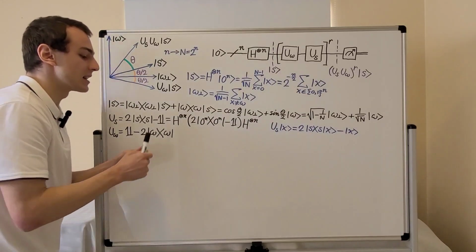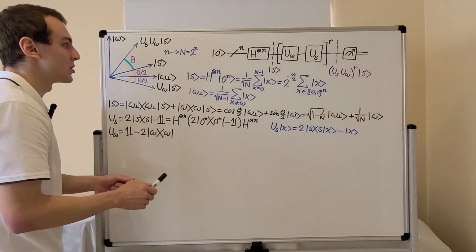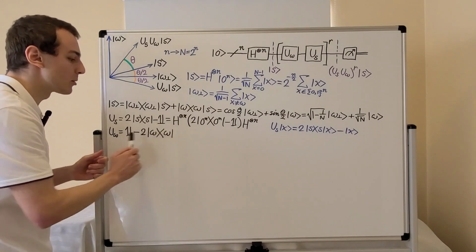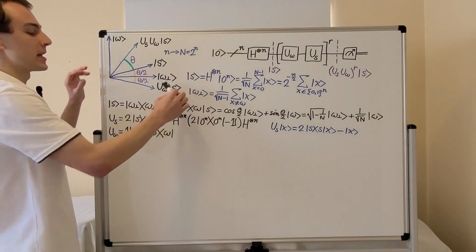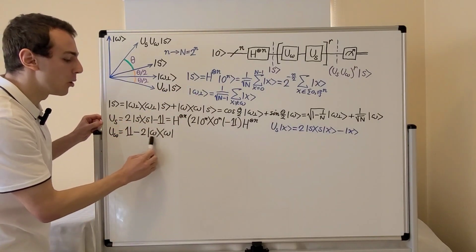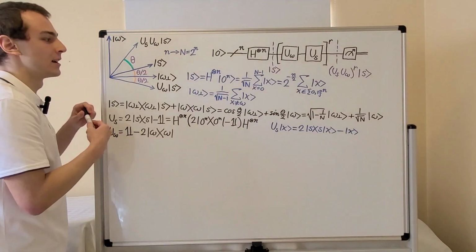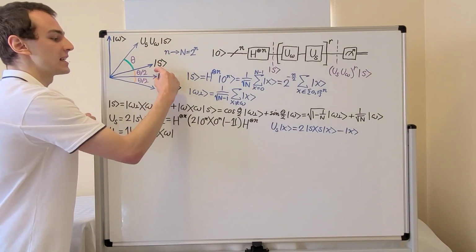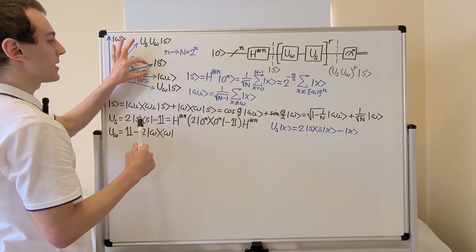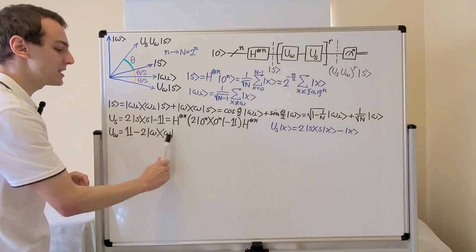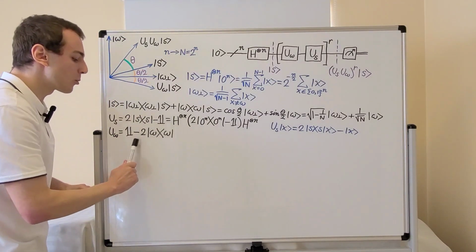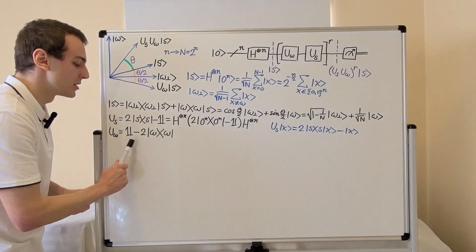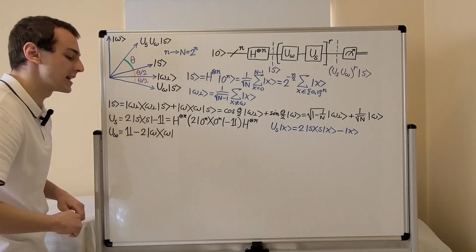You could think of it as labeling the state omega. So the state we're searching for, it labels it. And what does it do geometrically? Well, it negates the component along the vertical axis. So you can see this component over here gets flipped. So we go from this plus value to a minus value. And that's because of this part of the term. Otherwise, it's the identity operator. So that's the only way that it differs from the identity.